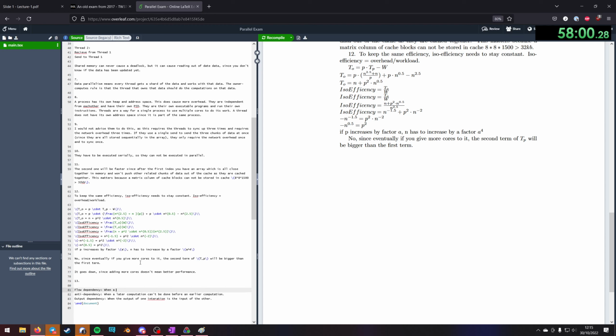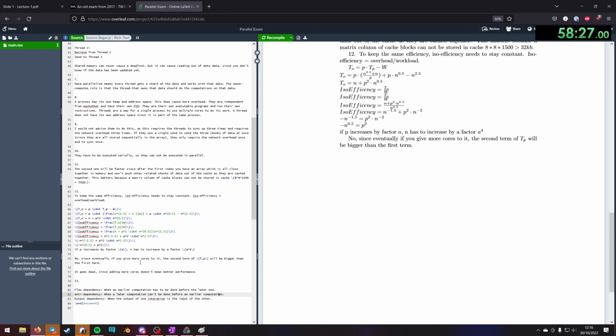And flow dependency is when a later computation... Which one are you at now? Flow and anti-dependency. No, flow means one computation is needed before the other, and with anti-dependency they overwrite the same data.